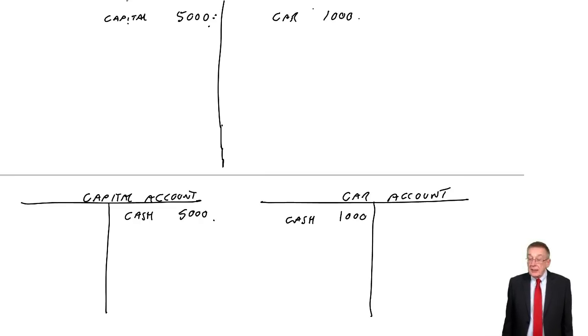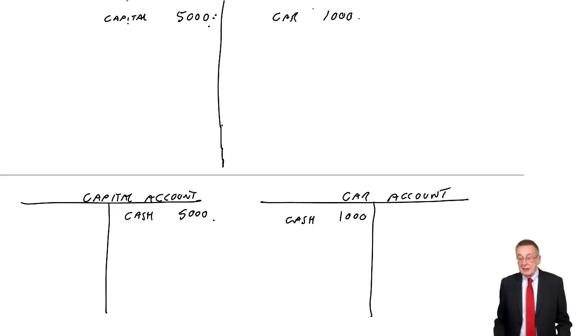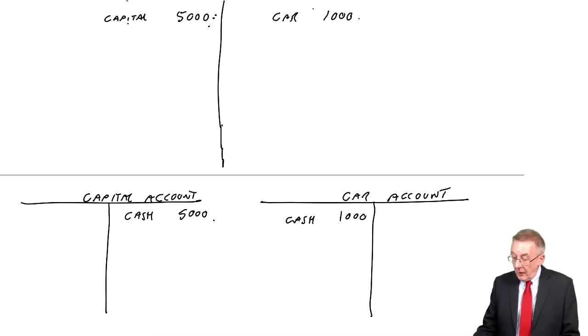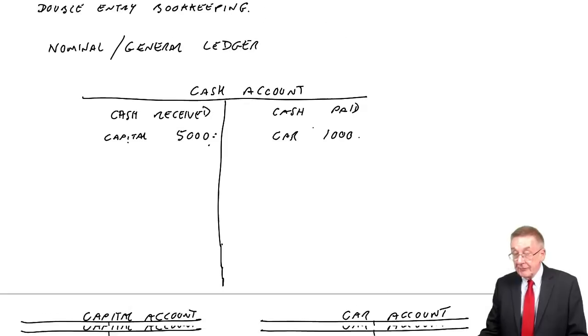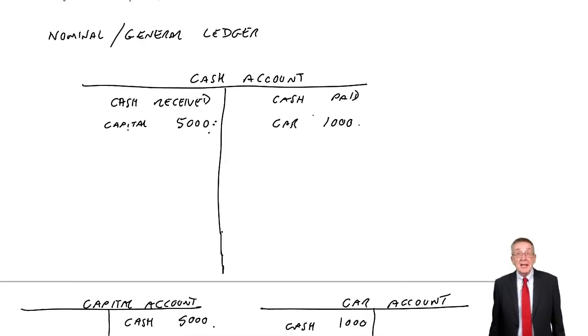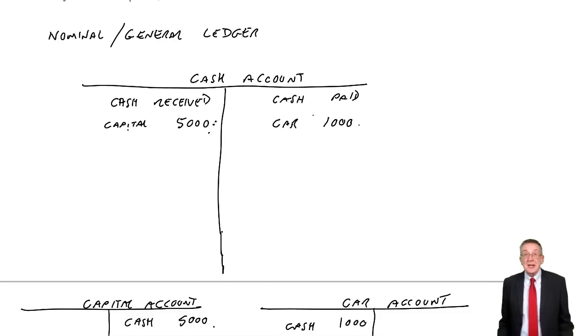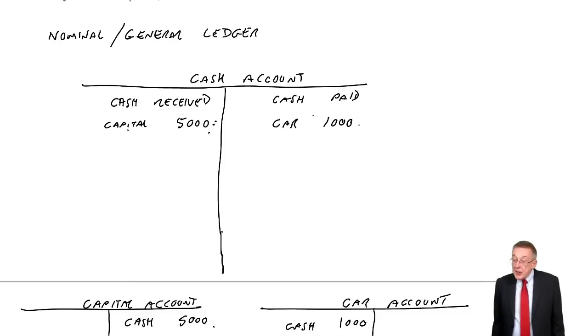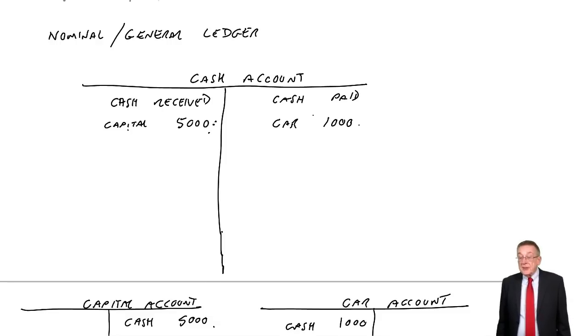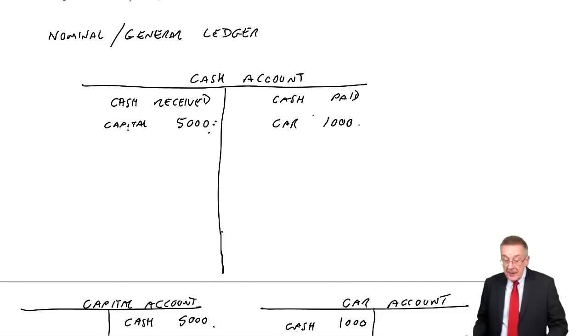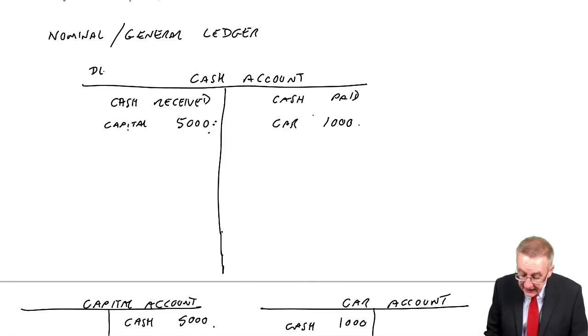Before I go any further, it sounds a little bit childish to keep saying, 1,000 on the right-hand page, 1,000 on the left-hand page. We're accountants, and accountants like to sound as though they're doing something exciting. And so, always we call the left-hand page the debit page and the right-hand page the credit page.